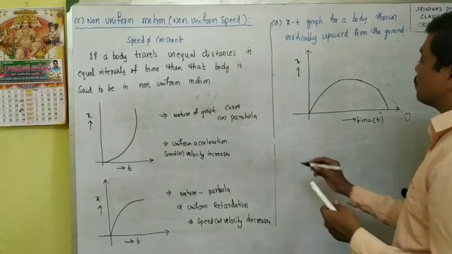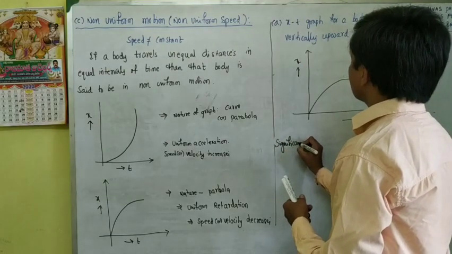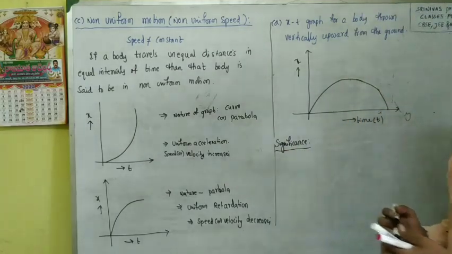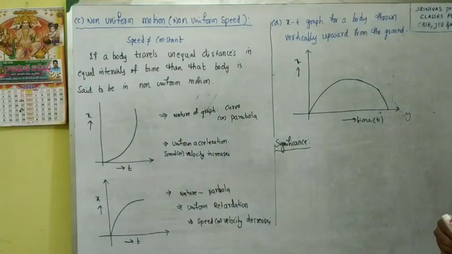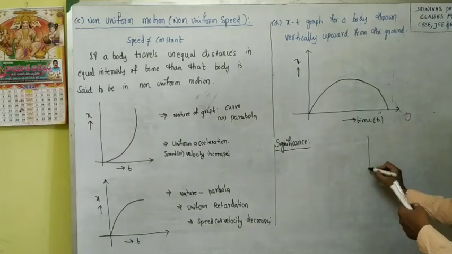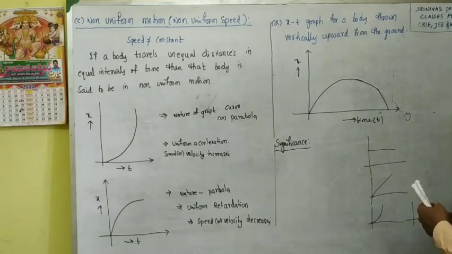Okay, and now significance of position time graph. If you know the significance, you will know some more details about the position time graphs, right? Simply, we can tell the position time graph for the rest part like this, for the uniform motion a straight line, for the non-uniform motion a curve.